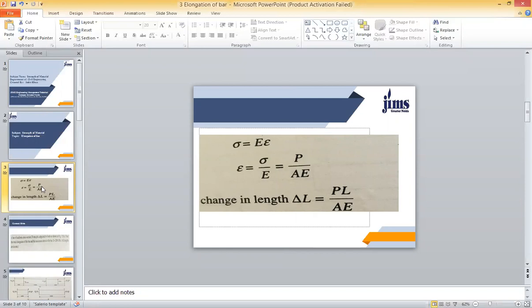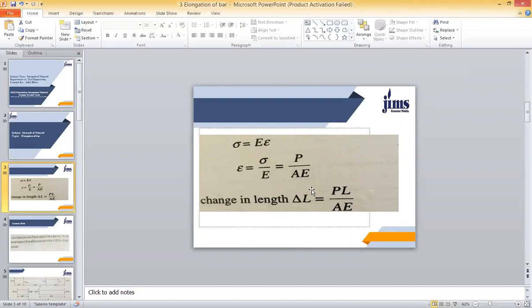Now, I can change stress in terms of force and area. So, stress becomes P by A, and E is modulus of elasticity. Then strain, what is strain? Strain is the change in length to the original length. So, if I put delta L over L, then with L on this side, it becomes PL by AE.